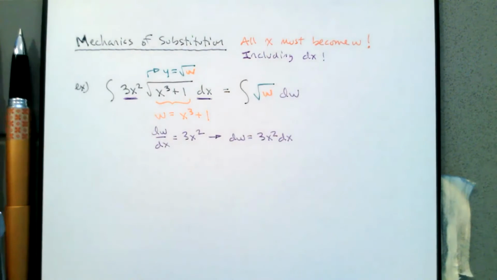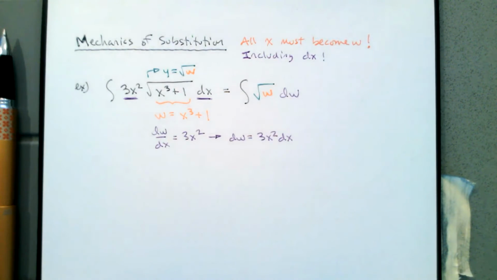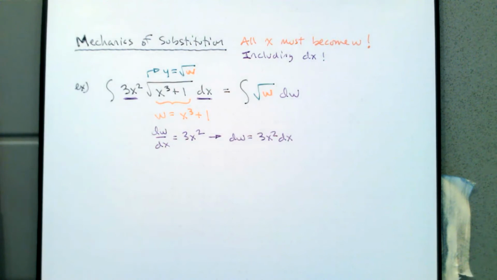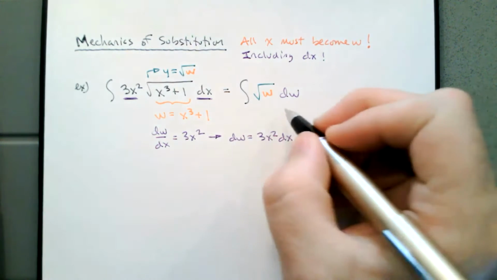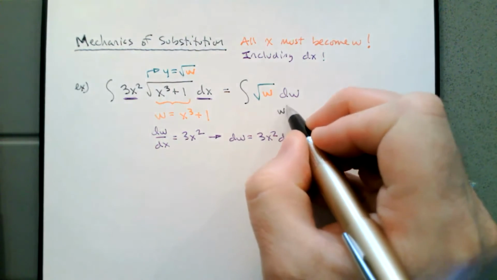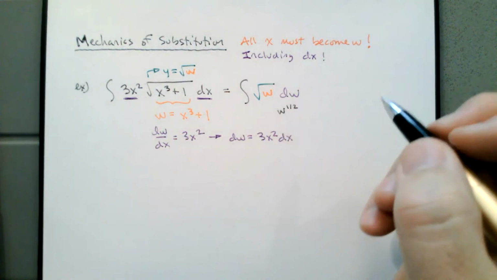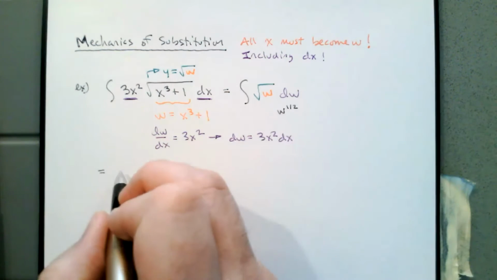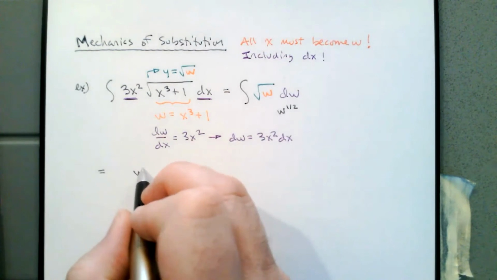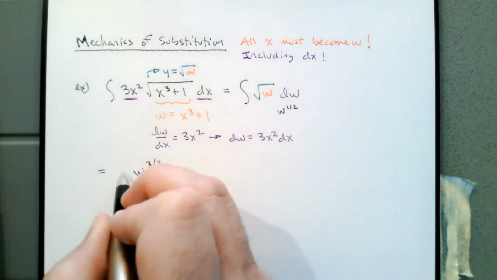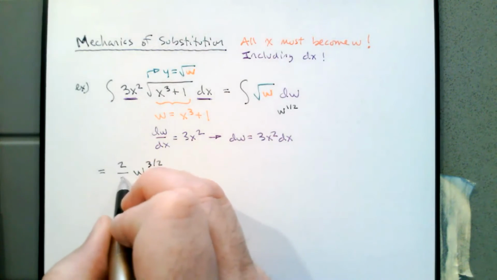Now I've traded my integral dx for an integral dw. There are no more x appearing in my integral, so I can proceed with my integration. This is w to the 1/2 power. So the antiderivative is w to the 3/2 times 2/3.